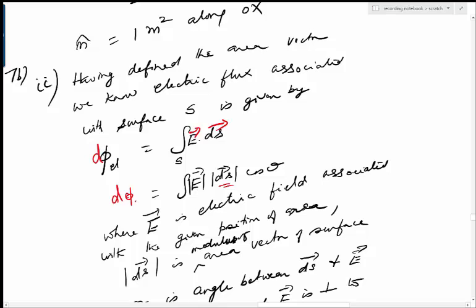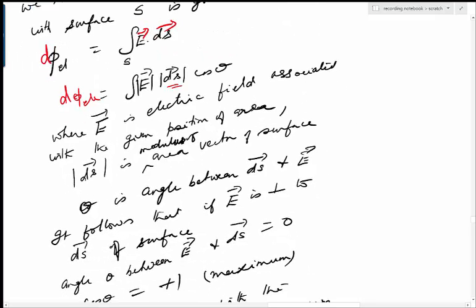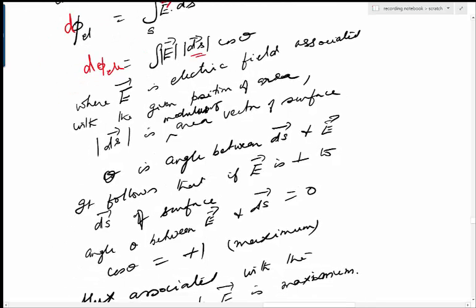Here E is the electric field at the given position of the area, ds is the modulus of the area vector of the surface, and theta is the angle between the ds vector and the E vector. Understood?